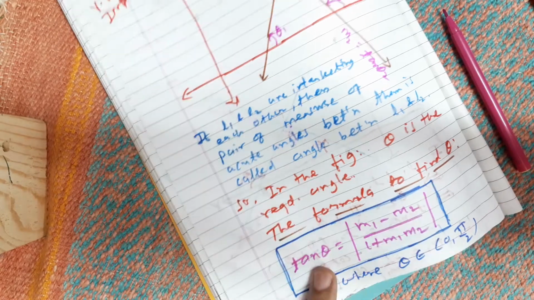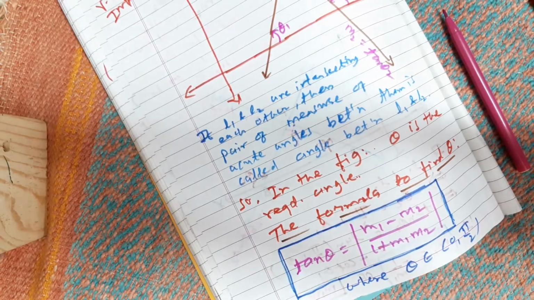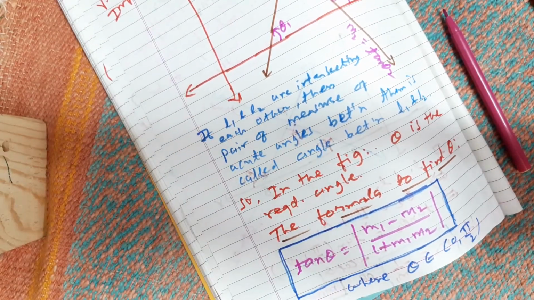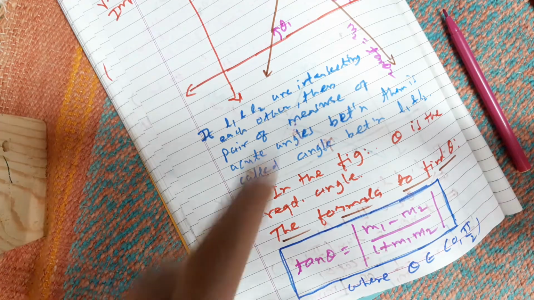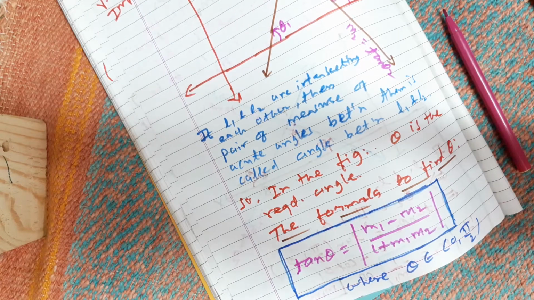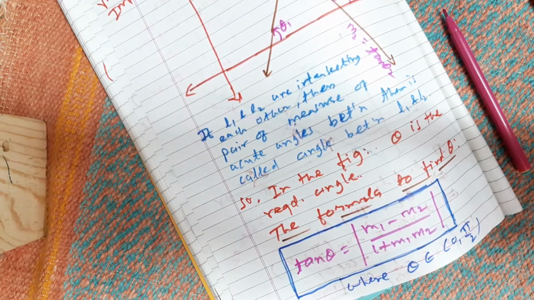Suppose I get tan theta equal to 1 by root 3, then theta is equal to pi by 6 or 30 degrees. Suppose tan theta का आंसर root 3 आ गया, तो answer will be pi by 3 or 60 degrees. ठीक है, so the known angles 30, 60, 45 will be given to us.